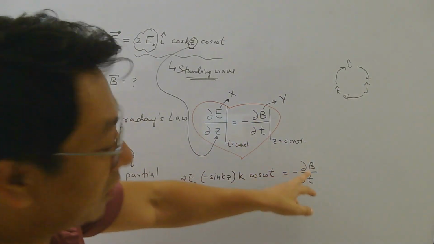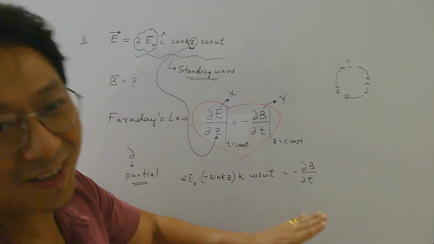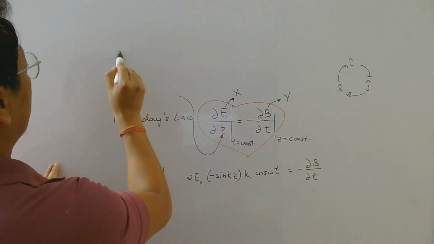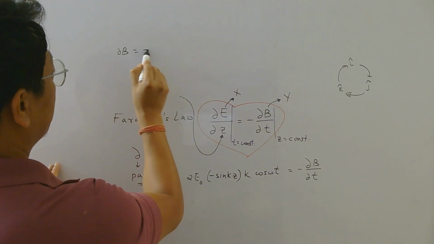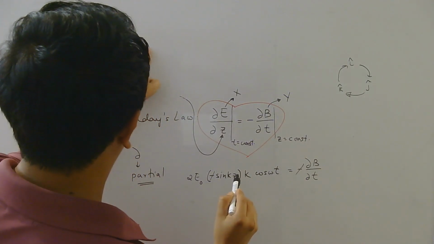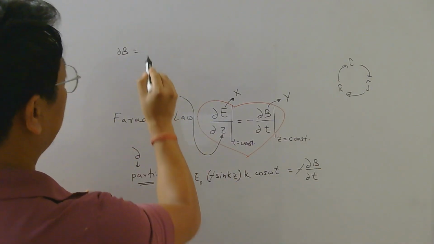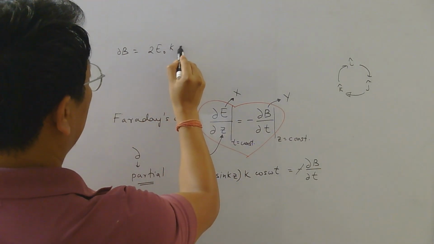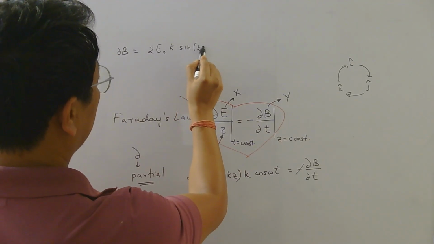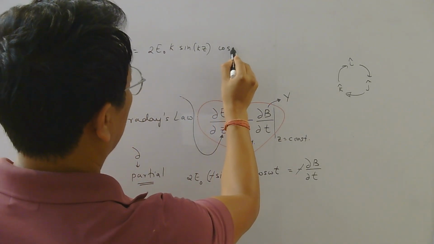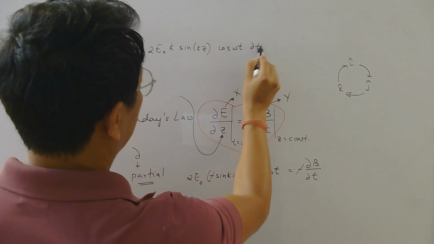So now I want B, so cross multiply and then integrate. If you cross multiply, you will get del B equals minus, this minus minus will actually cancel. So I can remove the minus: 2 E naught k sin kz cos omega t del t, right?